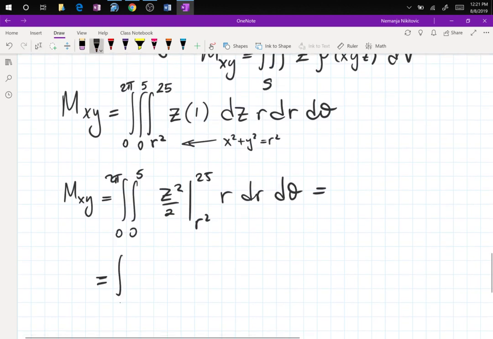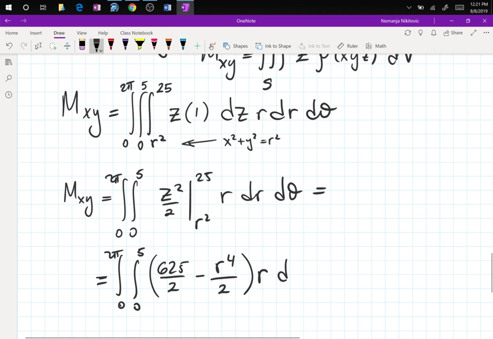That's a double integral, 0 to 2 pi, and 0 to 5. I have 25 squared, which is 625 over 2, minus r to the 4 over 2. All of that times r dr d theta.